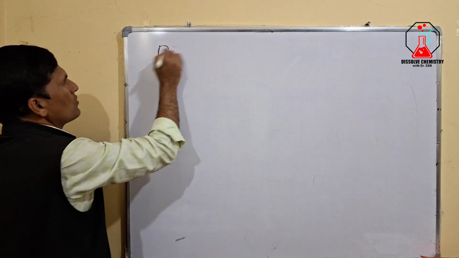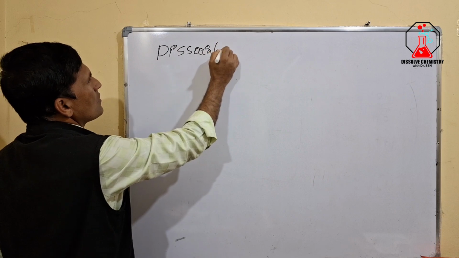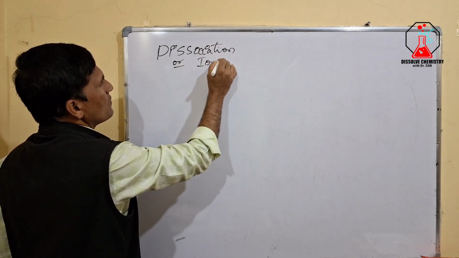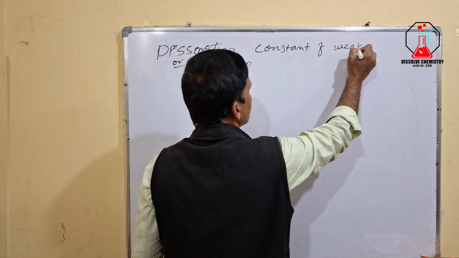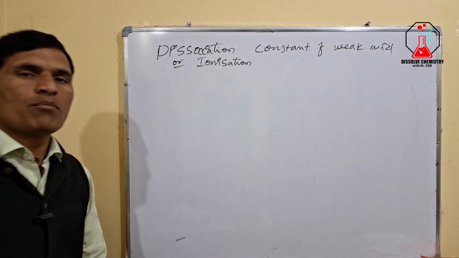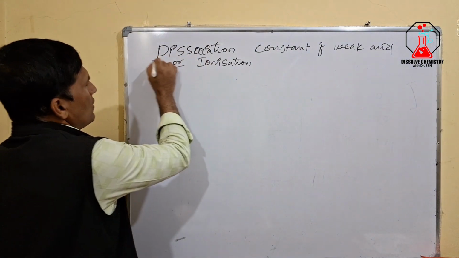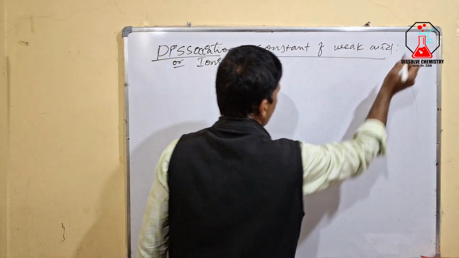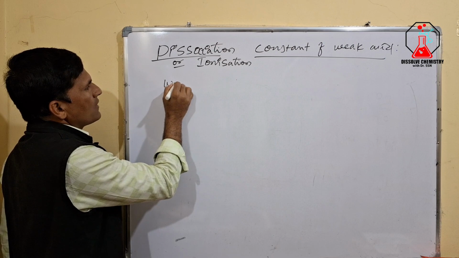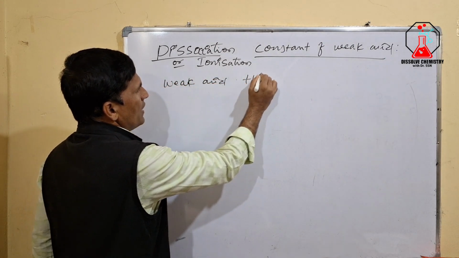First we will talk about the dissociation or ionization constant of weak acid. We will approach it by taking a general example. Let us consider a weak acid HA.